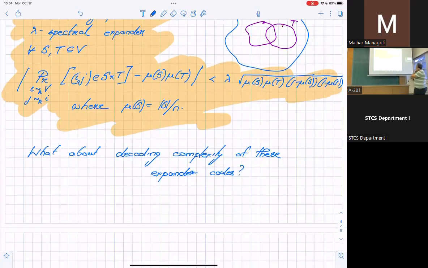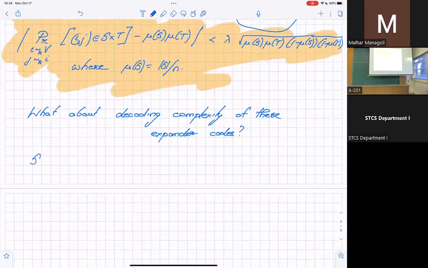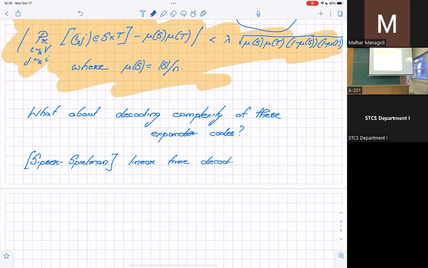So Sipser-Spielman, what did Sipser-Spielman prove? They showed linear time decoding if the number of errors is even less than half; we proved some notion of distance.